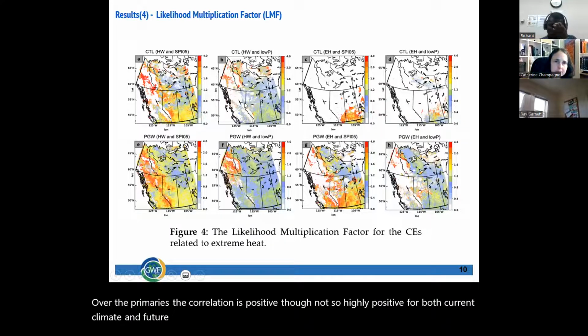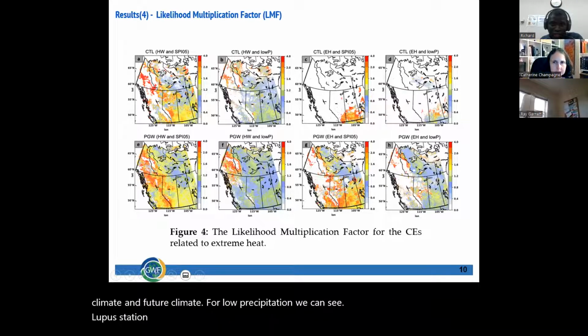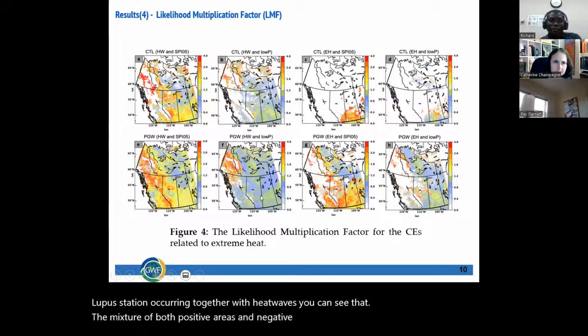For low precipitation, we can see low precipitation occurring together with heat waves. We can see a mixture of both positive areas and negative areas for these compounded events.